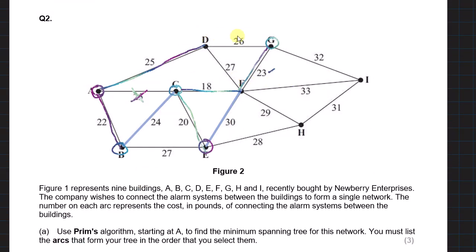After the 25, the 26 creates a cycle. It's not a new node for us to G. The D at 27 doesn't create a new node, so I don't want the 27. Next one then is this 28, which is EH.